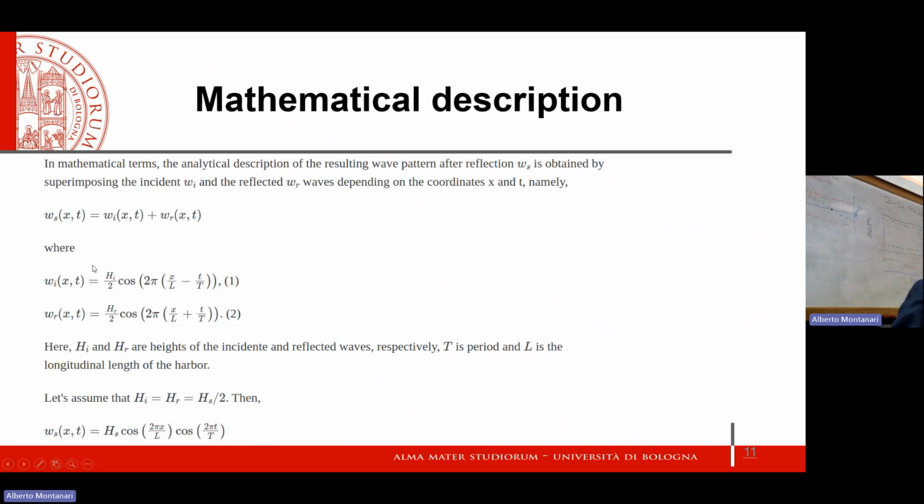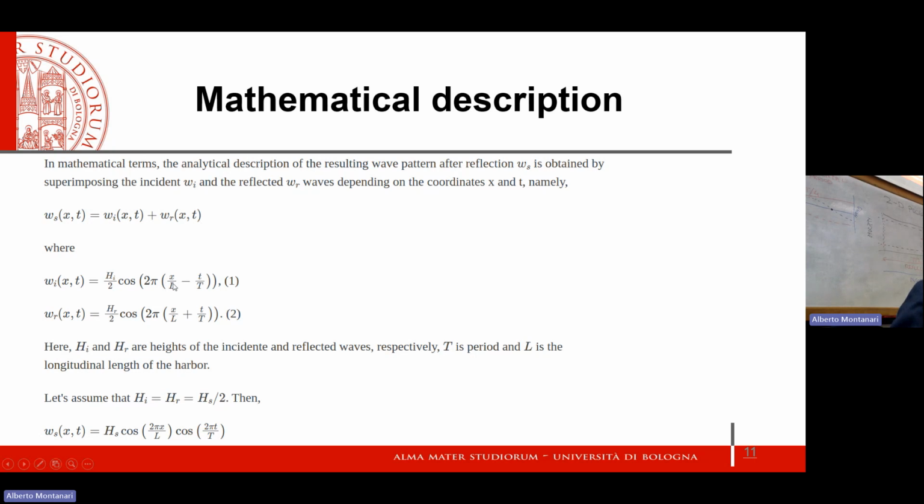So we call the wave height capital HI divided by 2, and we multiply the wave amplitude by the cos of 2 pi times x divided by L minus t divided by T. So depending on t and x, you get the shape of the wave at a given time and at a given position in the longitudinal direction.